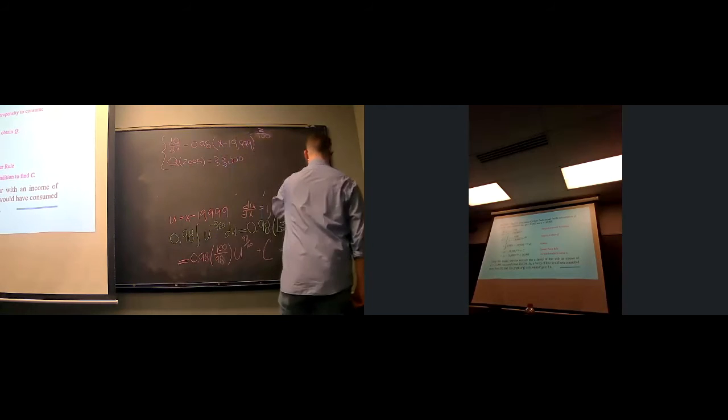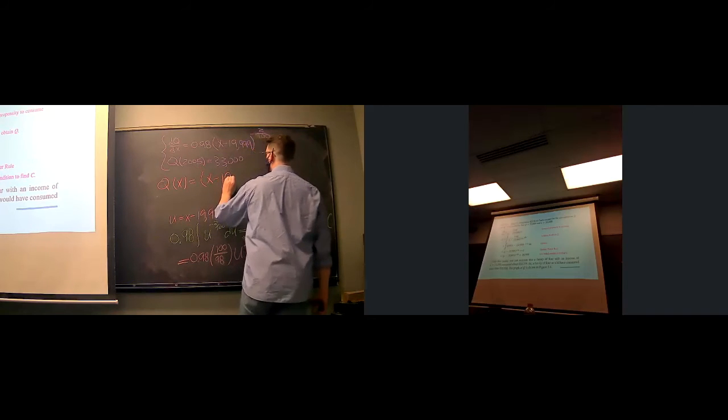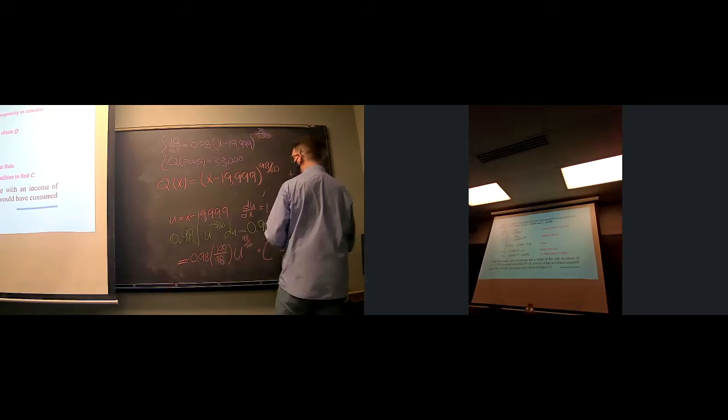So based on what we've just done here, u of x minus a q of x is going to be x minus 19,999 raised to the 98 over 100 plus a constant.